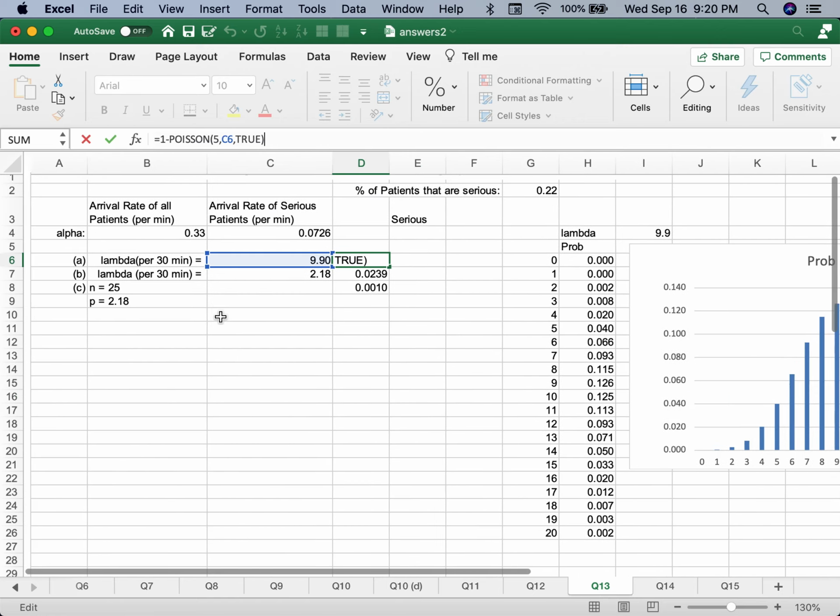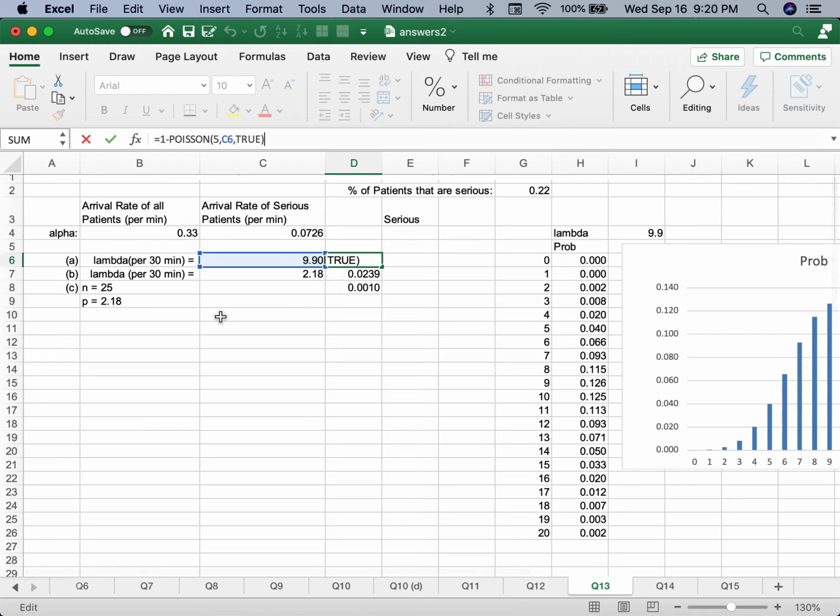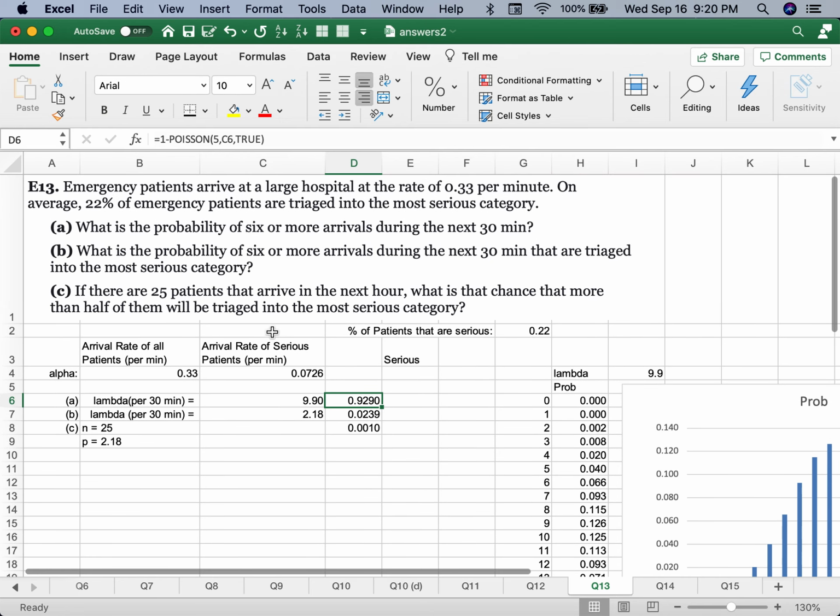We said 1 minus Poisson up to 5, given a mean of 9.9 in cell C6, and true, which would make it cumulative. In other words, it would add up all of those little stacks. And so we've answered part A. There's a 93% probability of getting 6 or more arrivals during the next 30 minutes.